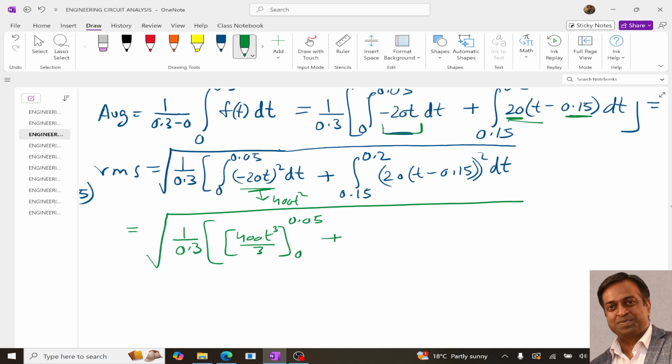now the next one over here again, if you look at this, the integration of this will be this complete cube upon 3. So 20 t minus 0.15 cube. So this is cube, this remains square because it will come out of this.